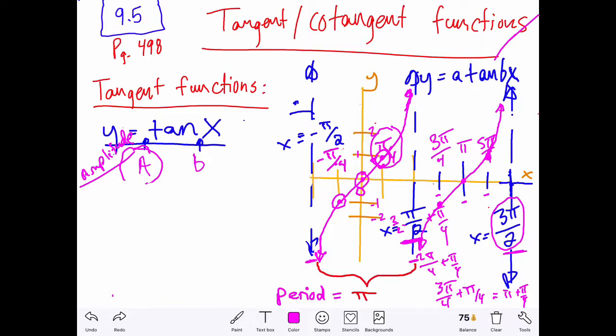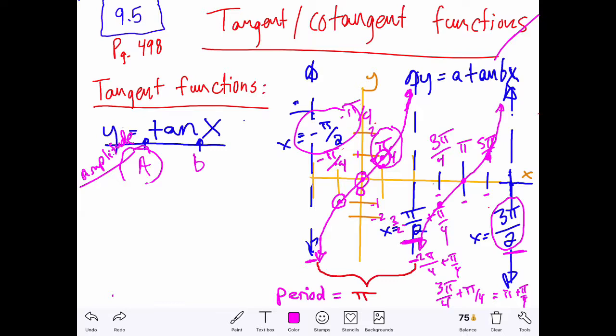Okay, and of course, if we were going in the negative direction, we could do negative pi halves here minus another pi fourths. And I'll go further negative, and I'll find each intermediate location until I get to my next asymptote. Again, remember, the vertical asymptotes are odd multiples of pi over 2b.